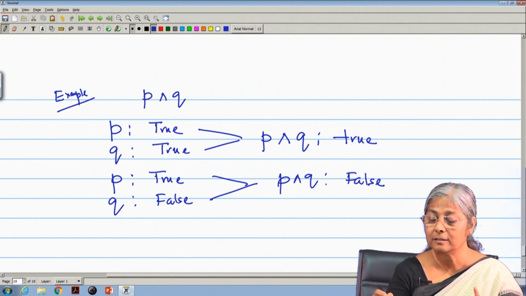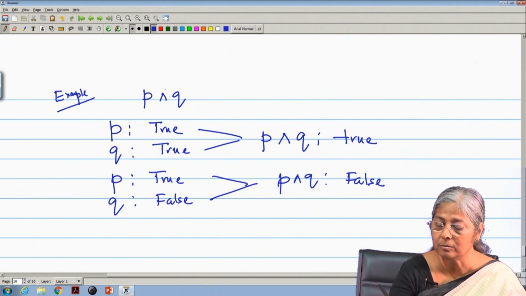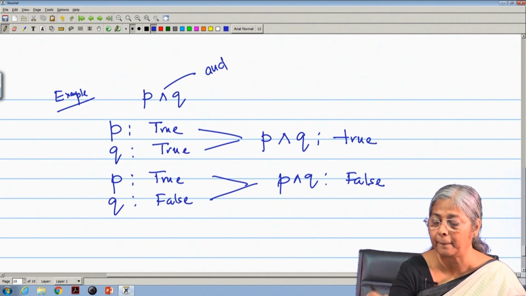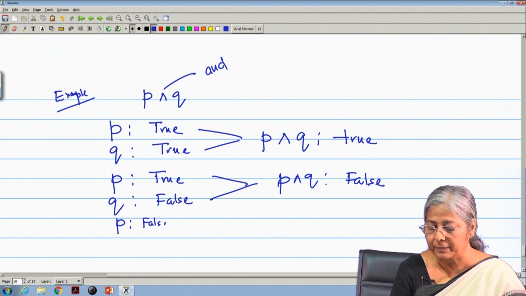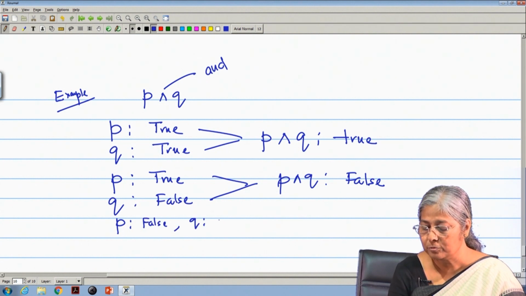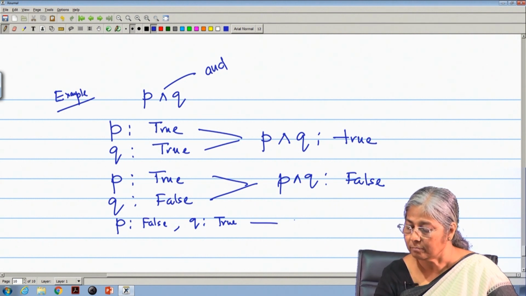Since it is AND, this gives you actually AND. So, now I can quickly write that if P is false and Q is true, then P and Q is false.